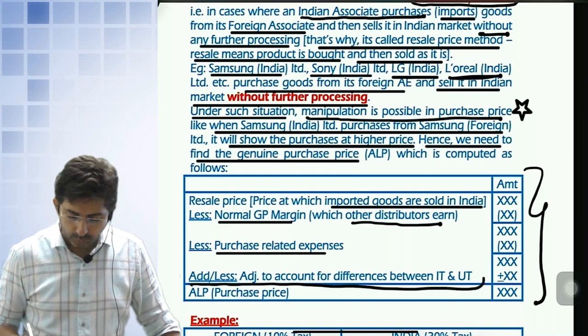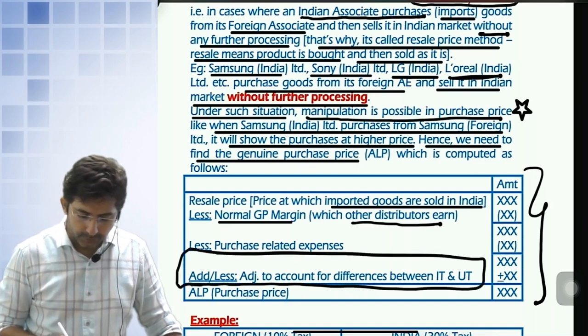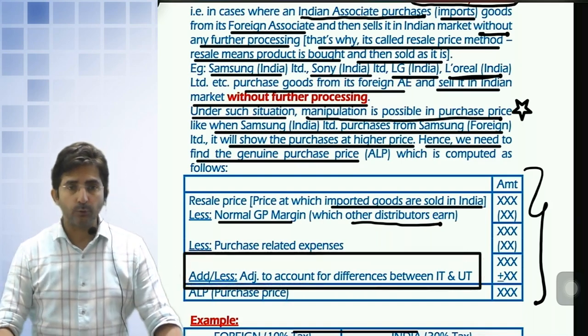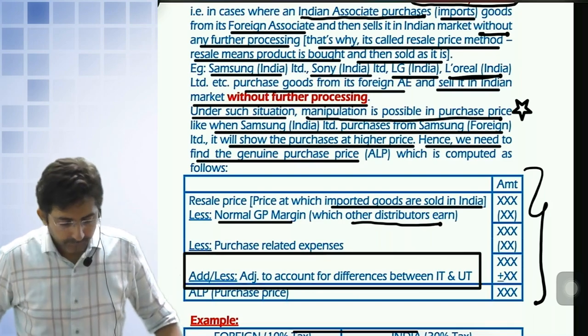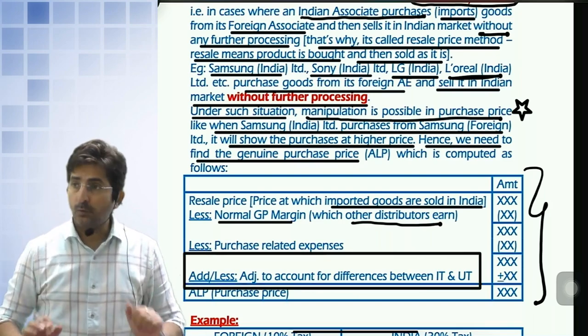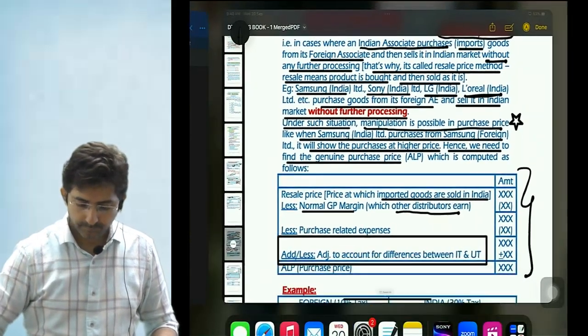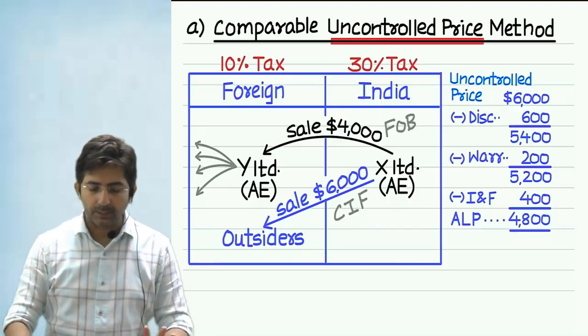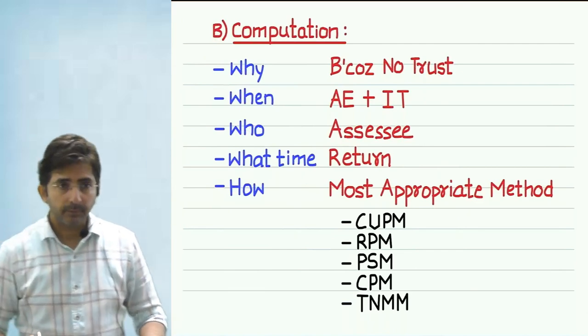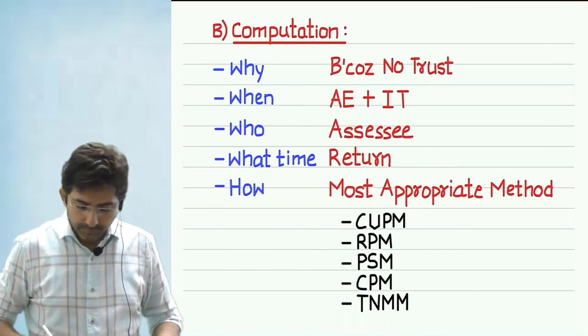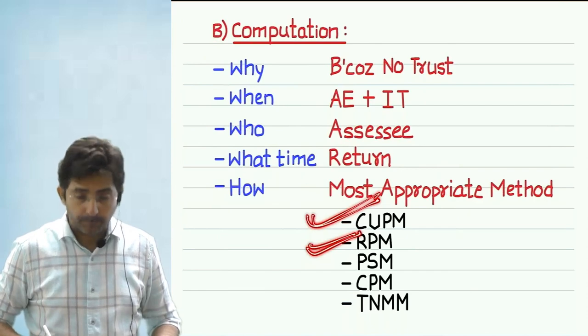Adjustments to account for differences between IT and UT. So finally this was the resale price method. Two methods we have done: the first method was CUP method, the second was RPM.